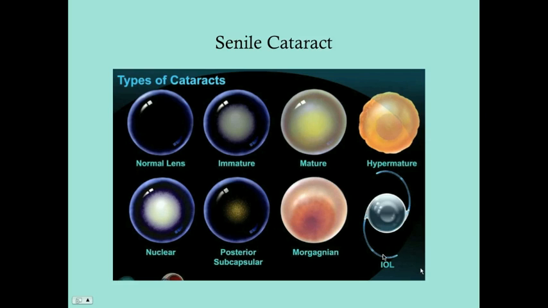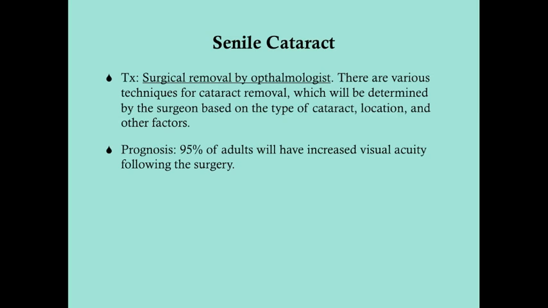This here is an intraocular lens, and with most of the surgical techniques that are done, an intraocular lens is implanted after the surgery to allow the patient to see properly. The treatment is simply surgical removal of the cataract material by the ophthalmologist.